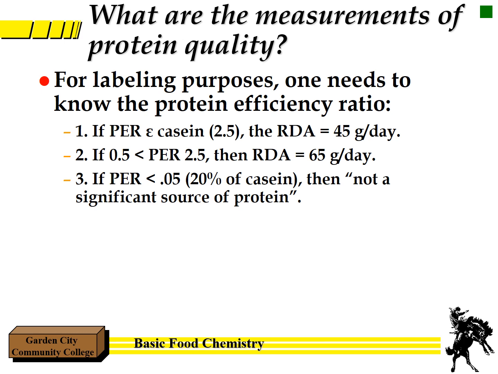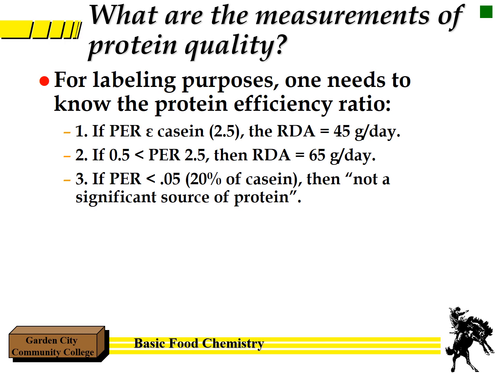So what are the measurements of protein quality? For labeling purposes, one really needs to know the protein efficiency ratio. So if your protein efficiency ratio is like casein, 2.5, then the recommended daily allowance is 45 grams per day.